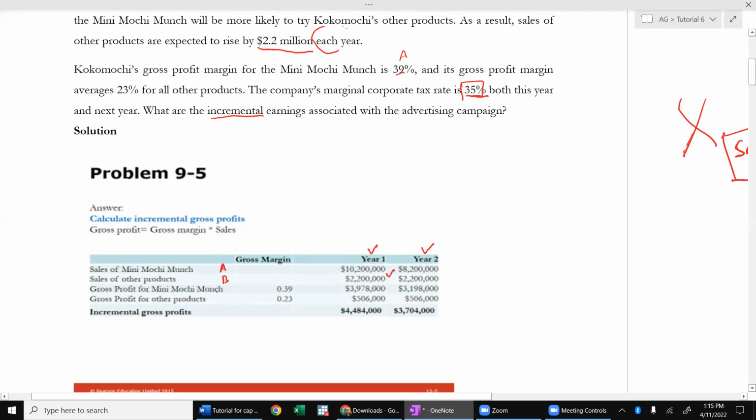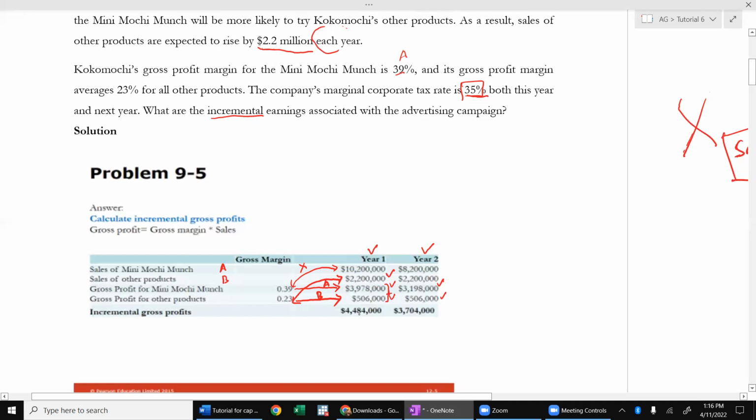What is the gross profit margin for the mini monument? So you need to multiply sale with this gross profit margin, and you will get this answer. Similarly, you will multiply this gross profit margin to the sale of the product B, and you will get the gross profit of B, and this is for A. Now you have both the gross profits of product A and product B in year 1 and 2.